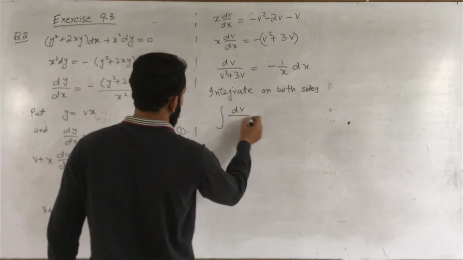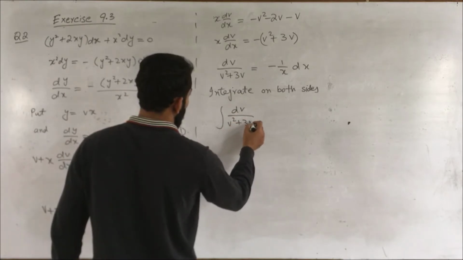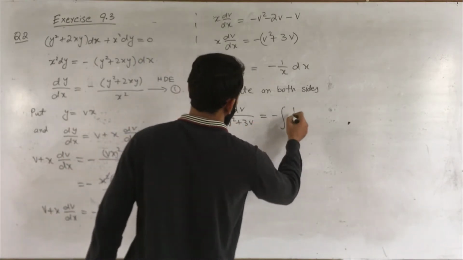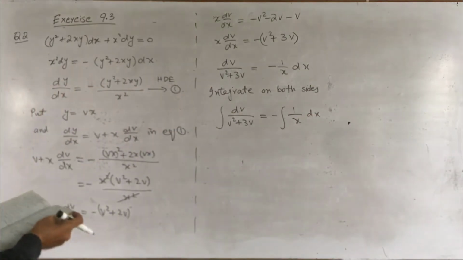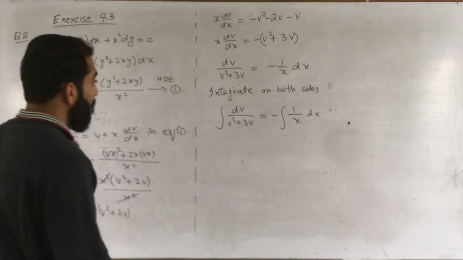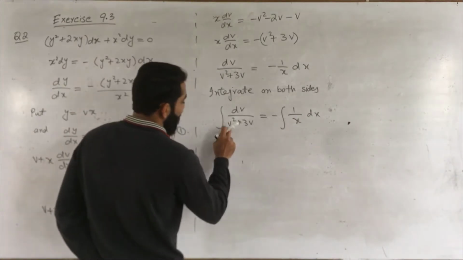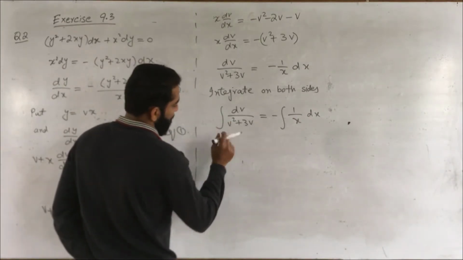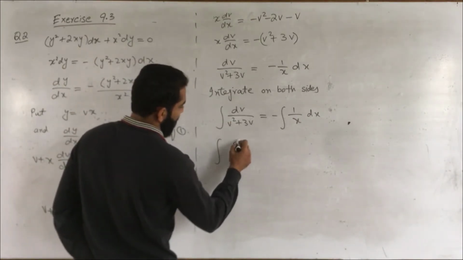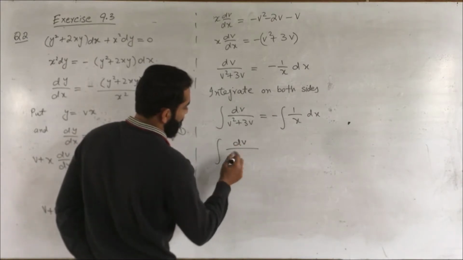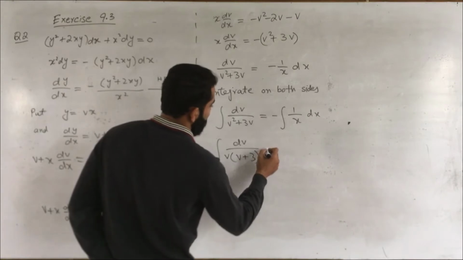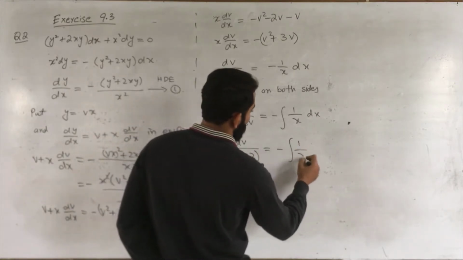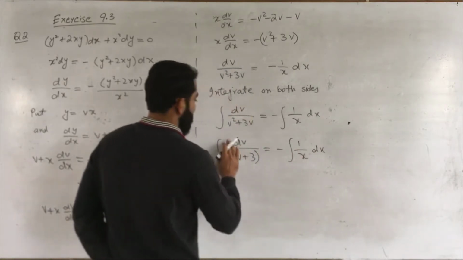Integration of dv divided by v square plus 3v is equal to minus integration 1 over x dx. v can be taken common from the denominator, so we take common v, and it is converted to v plus 3, is equal to minus integration 1 over x dx.